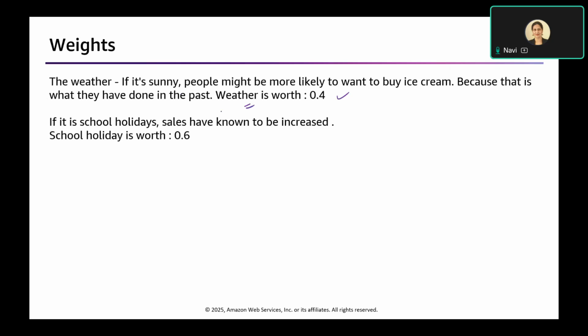School holidays is worth 0.6, and liking sweet food, we will take it as a feature as well. We saw that earlier, and let's make this one 0.2 and 0.4 as well, liking sweet food. So the machine is going to adjust these weights. The key idea in machine learning is the concept of context, which is represented by the weights.